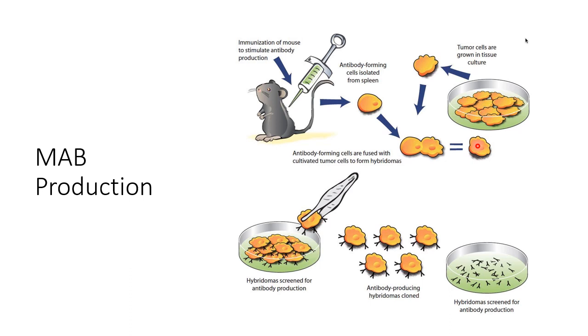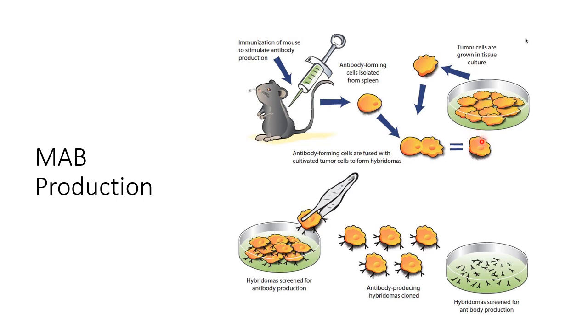So as long as the medium, which is nutrient rich, is replenished, the hybridoma will continue to divide and it will continue to grow because it's a cancer cell, but at the same time, it will continue to produce that specific antibody that we are concerned about.